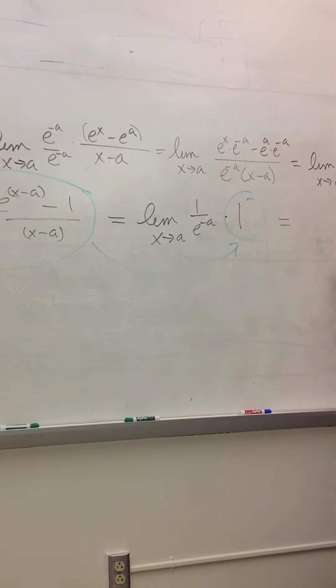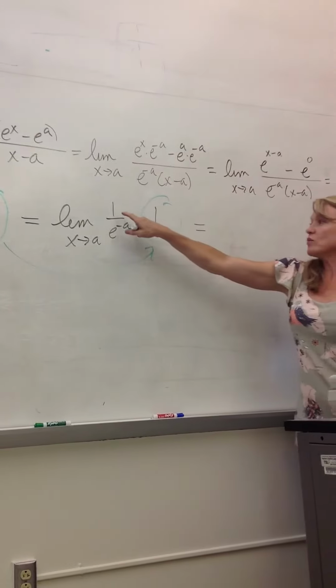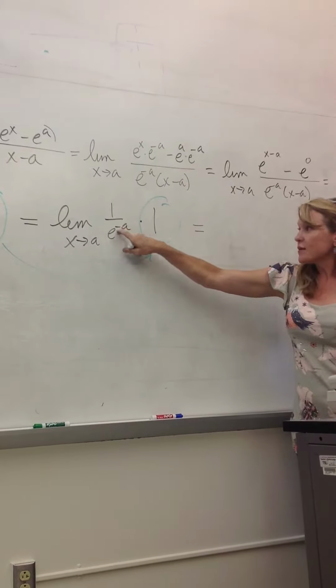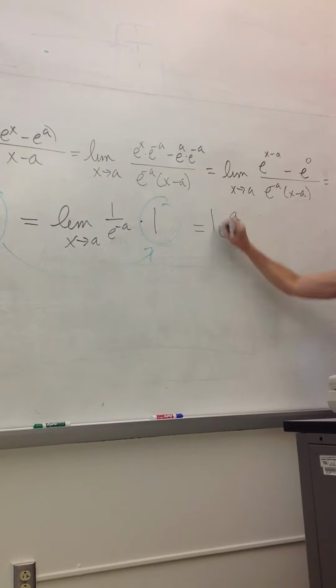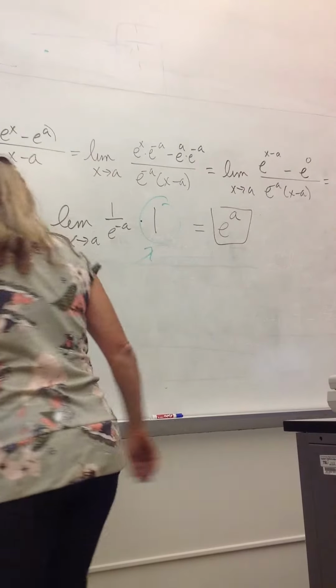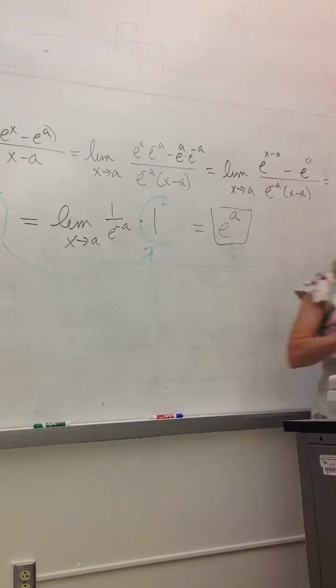So I'm basically done because this has no variable in it anymore, if you think about a being some specific x. Rewriting 1 over e to the minus a, that's the same as e to the a. So interestingly, e to the x is the only function whose derivative is itself.